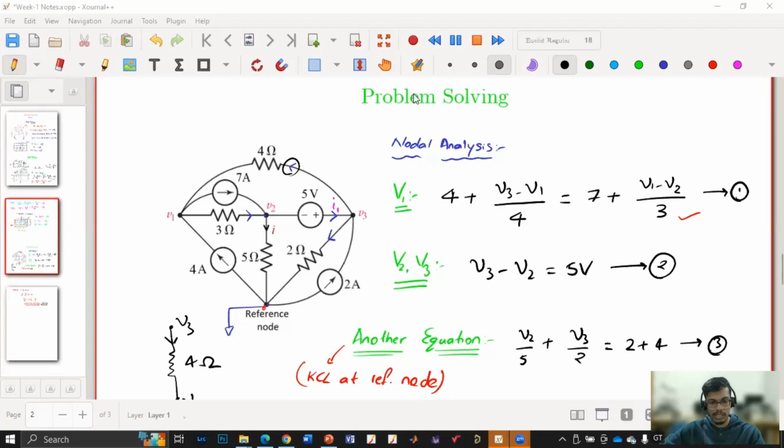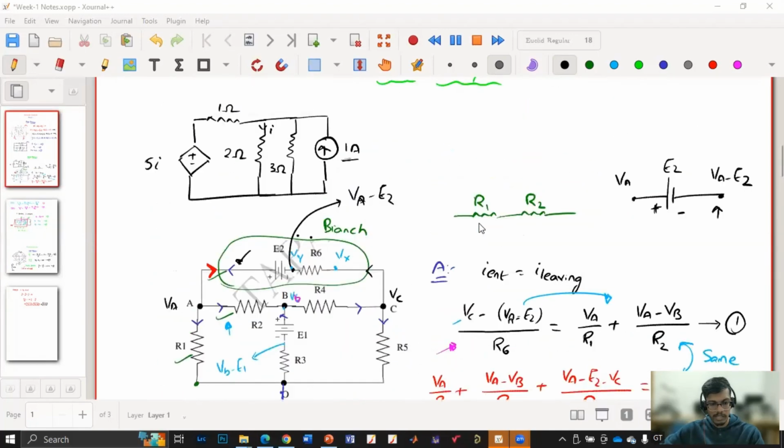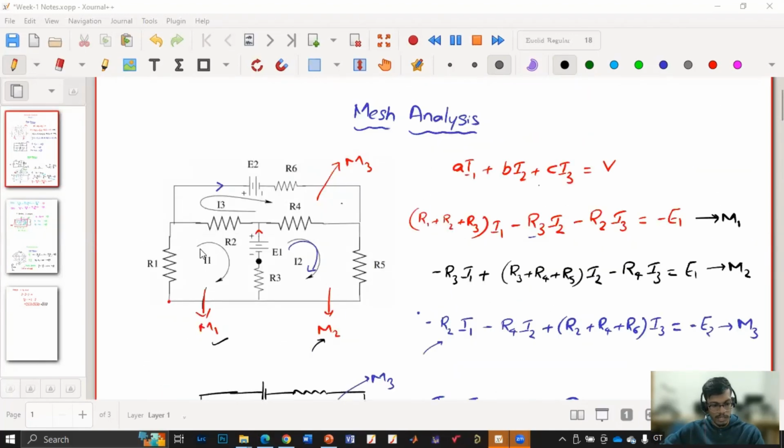So the tendency to make mistakes here is more. That's why I have not told it. Whereas in the case of mesh analysis, you always select clockwise, always. Even if they have given anti-clockwise current, you consider clockwise current, and whatever answer they are asking is the negative of what you got. So here it becomes very simple.